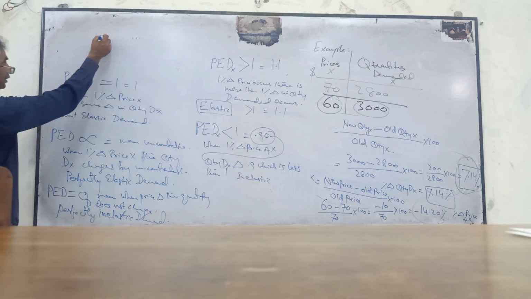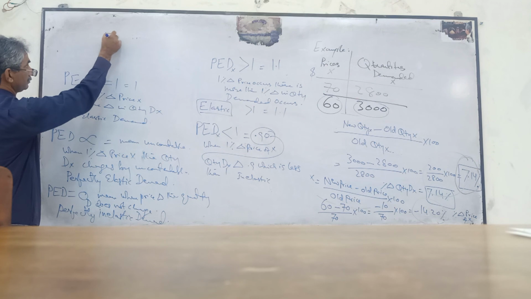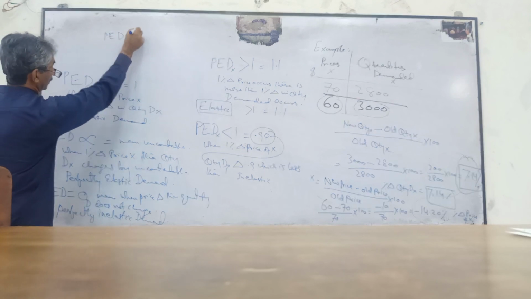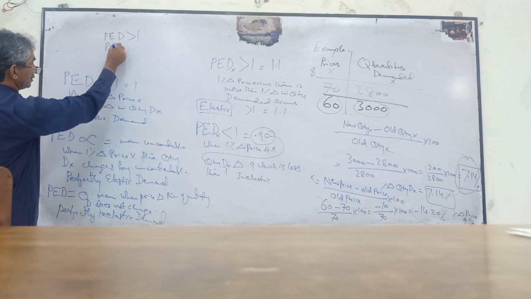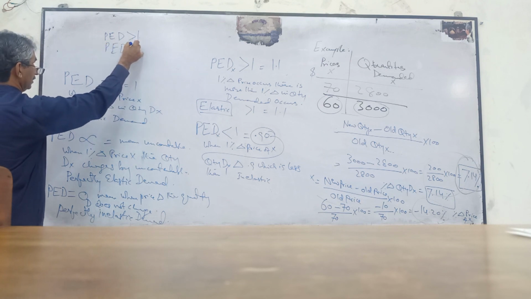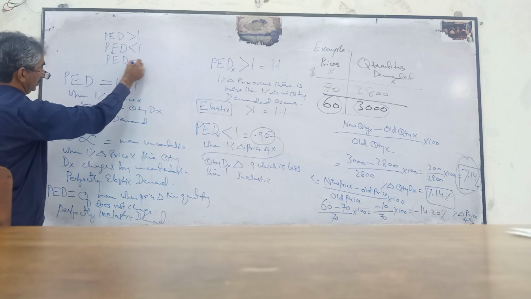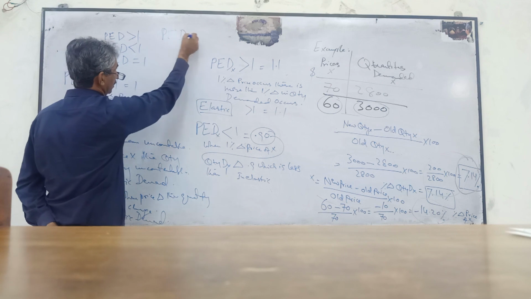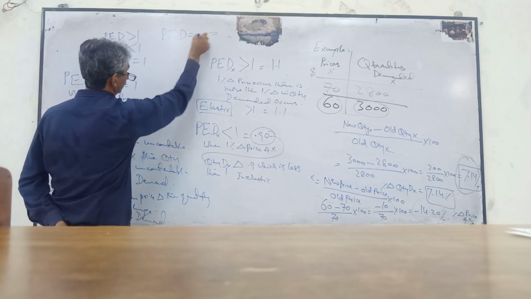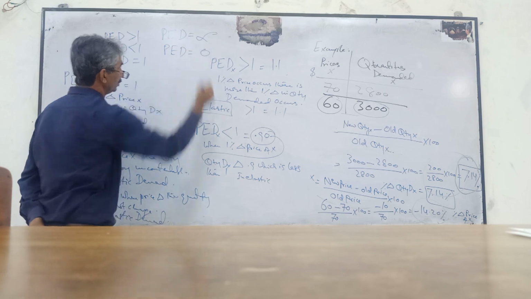So these are the answers: greater than 1, less than 1, equal to 1, equal to infinity, and price elasticity of demand equal to 0.